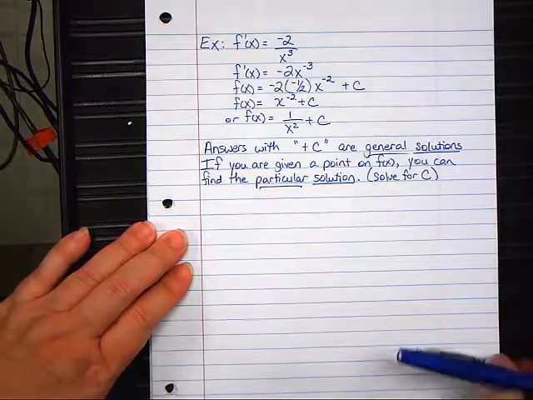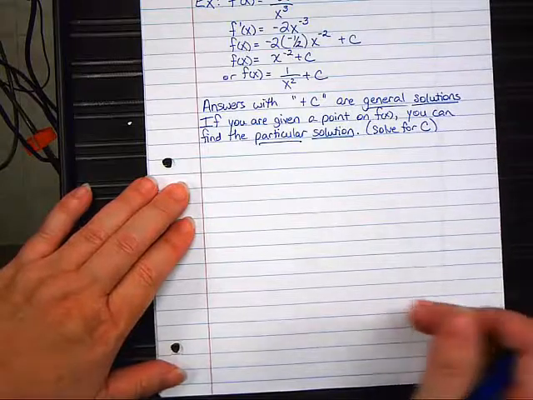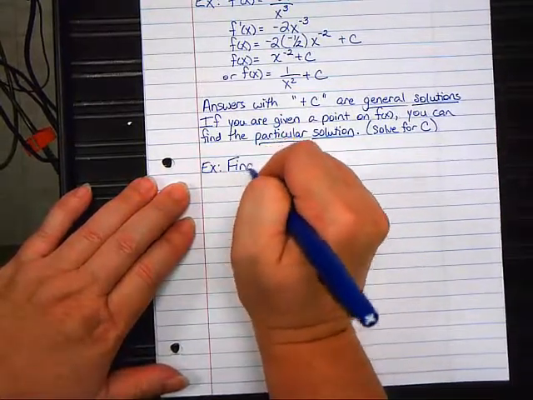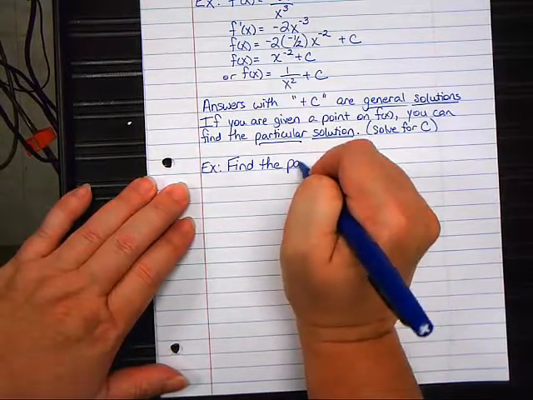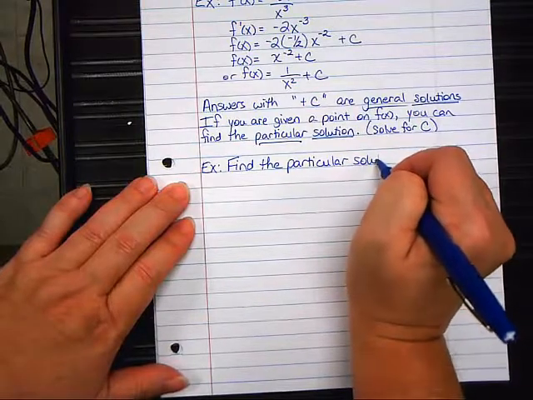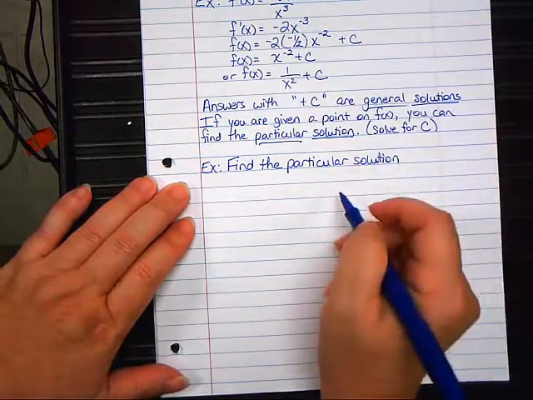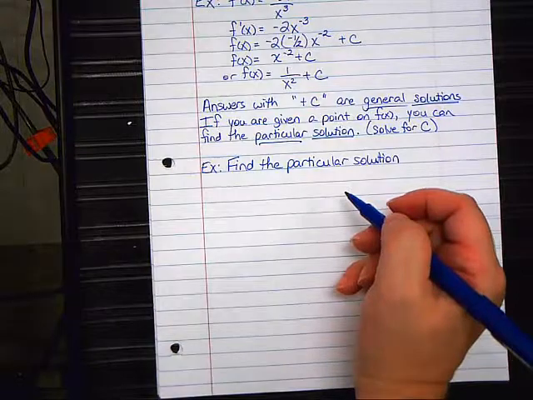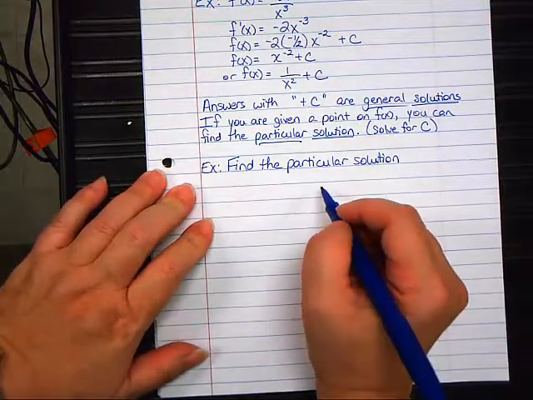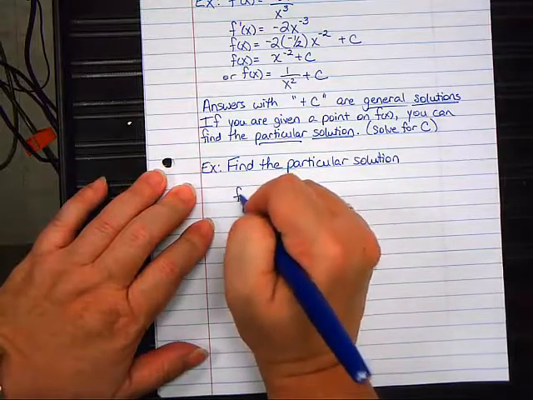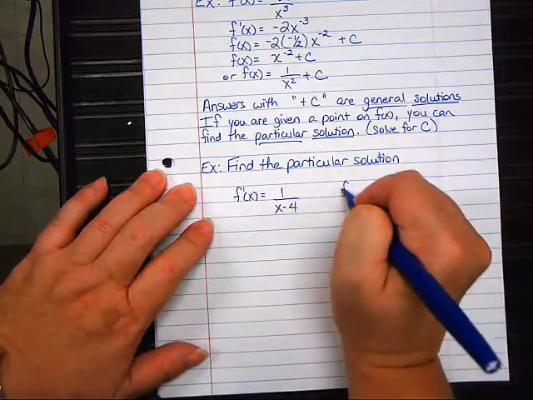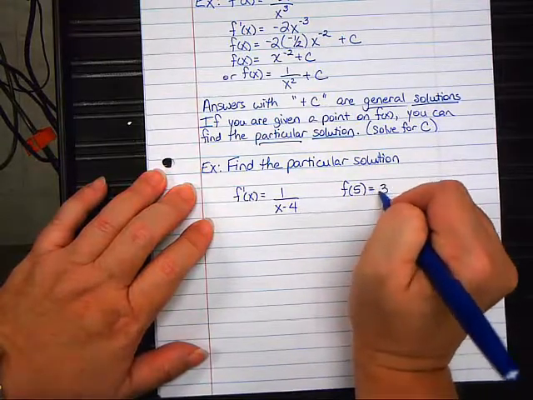All right. So I have an example like this that says the following. Find the particular solution. The function f prime of x is 1 over x minus 4, and f of 5 is 3.